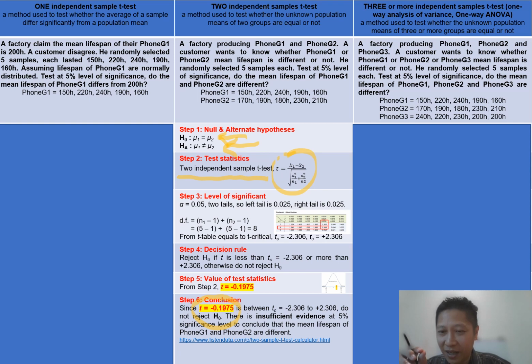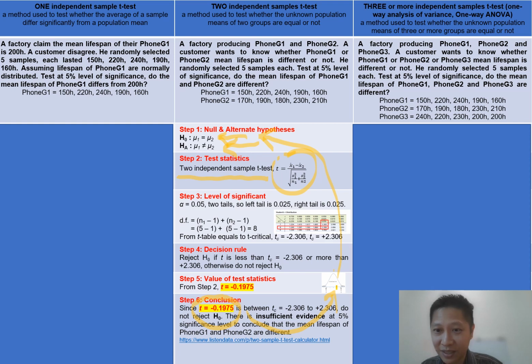When we locate t, it falls under the do not reject area. That means we are not rejecting the null hypothesis, meaning that more likely the lifespan of phone G1 is the same as the lifespan of phone G2.